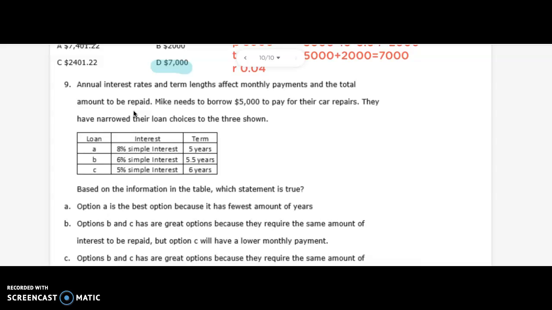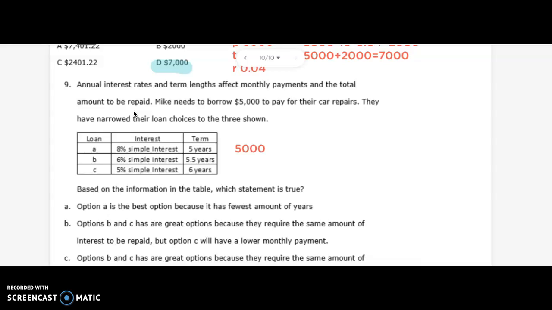All right, so let's look at this. So on the first one, our principal. So what's happening here is you have your principal, your rate, and your time on all of these. The principal for all of them is going to be $5,000. So on the first one, you have $5,000, and this is simple interest because it says 8% simple interest.